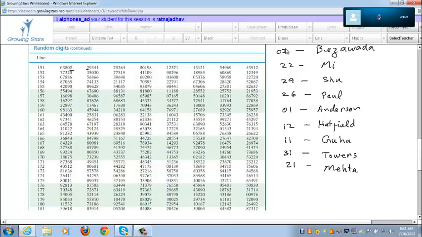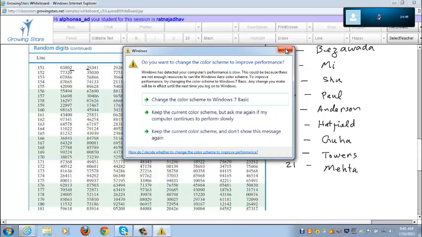Group 1, 9 subjects. Group 2, 9 subjects. Group 3, 9 subjects.